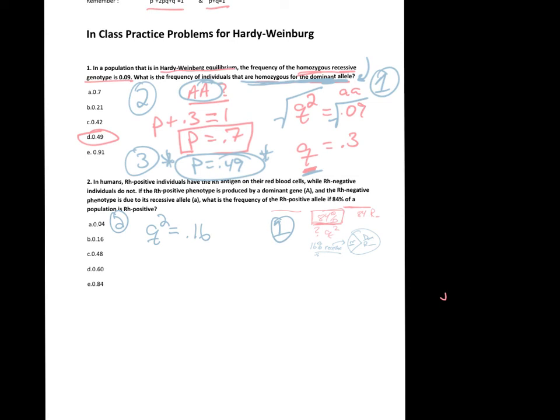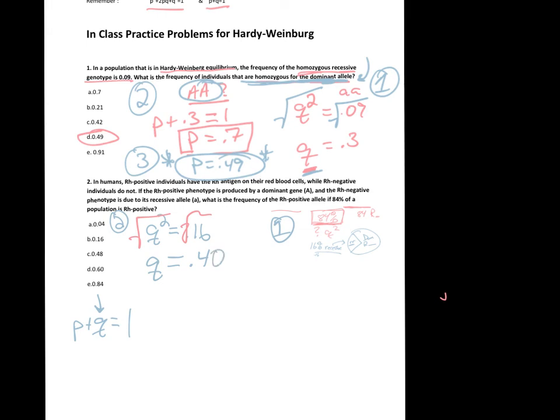First, let's find the square root of q squared. Why do I want to take the square root? Because I know that p plus q equals 1. So I need to find q by itself, not q squared. I can take the square root of 0.16, and that's 0.4. So q is equal to 0.40.